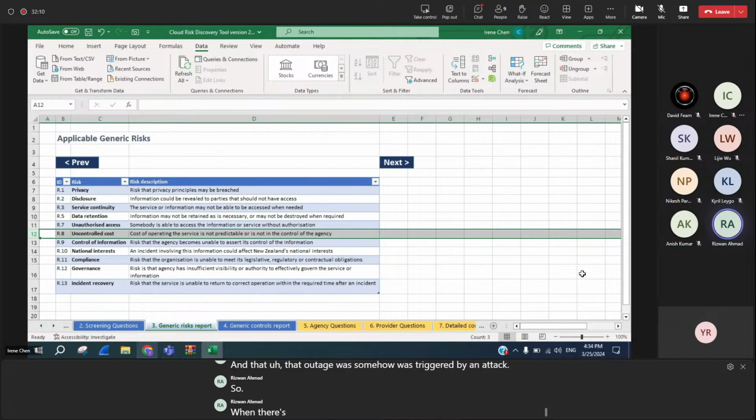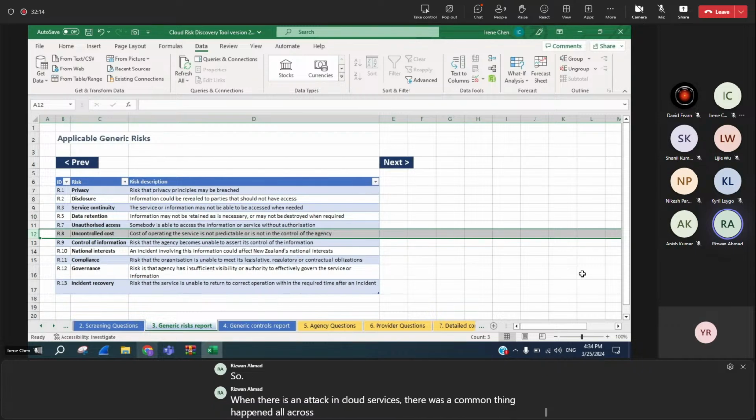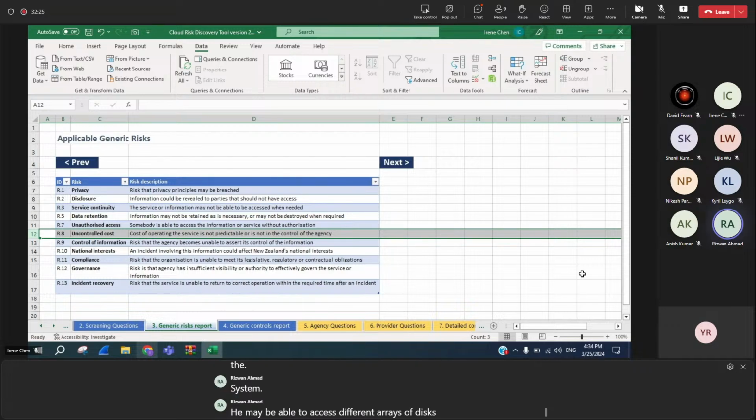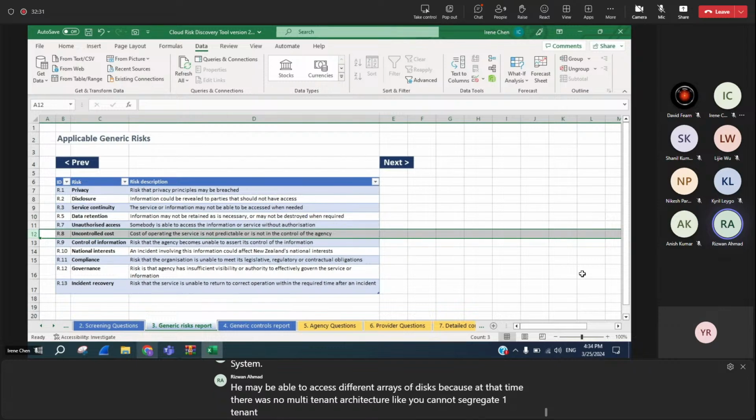When there is an attack on cloud services, a common thing happened all across the world: if a hacker is able to compromise the system, he may be able to access different arrays of disks. Because at that time, there was no multi-tenant architecture. You cannot segregate one tenant from the other tenant. So this is the big problem.